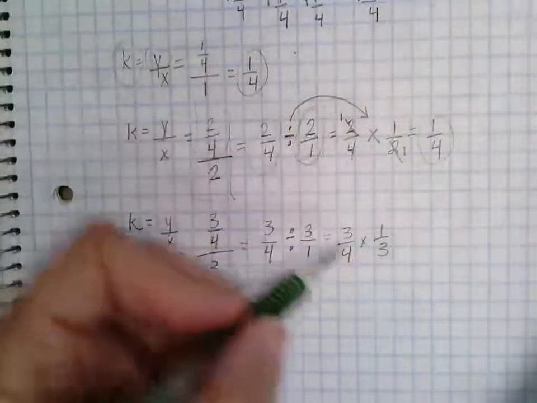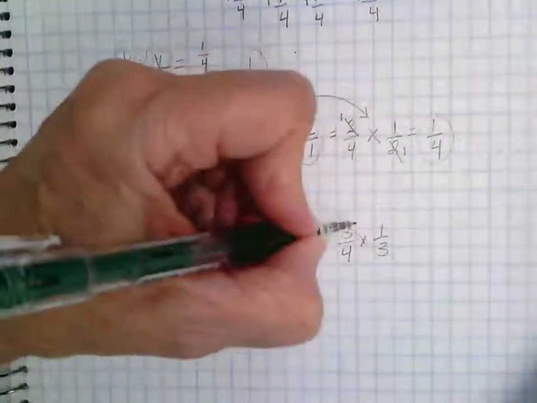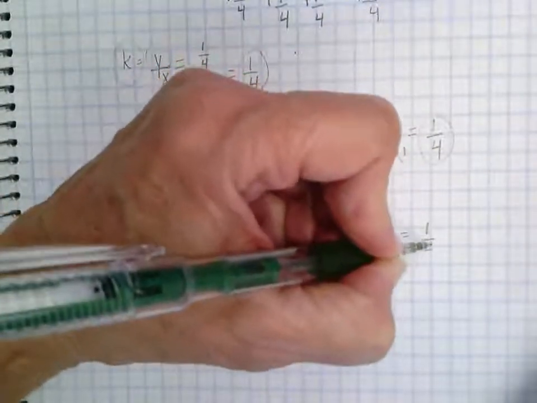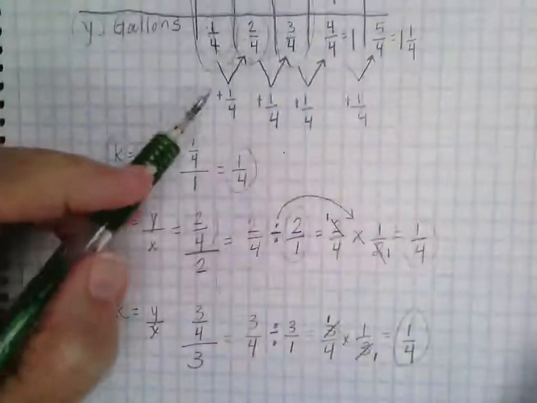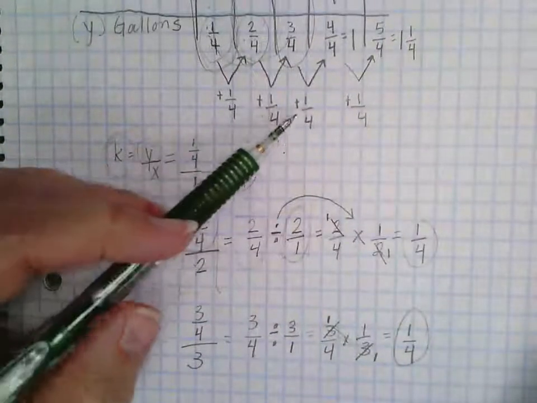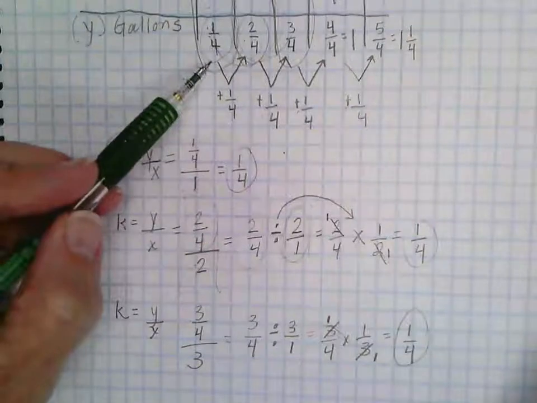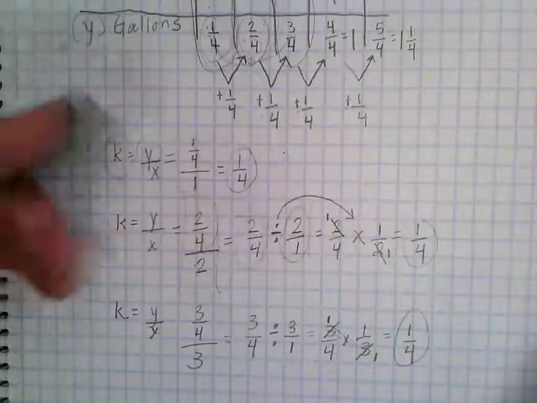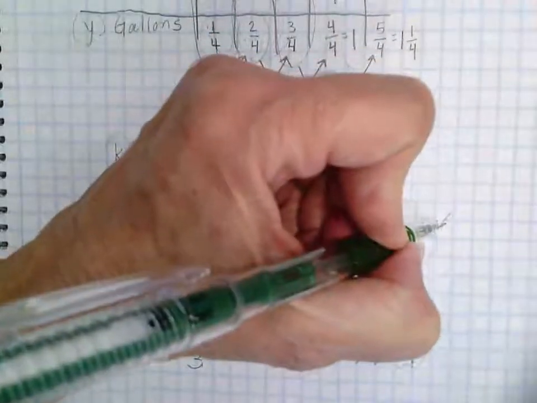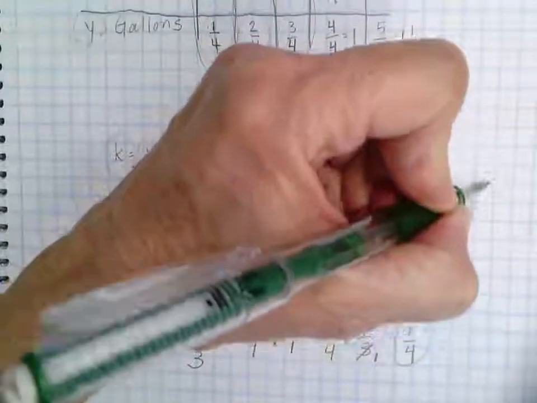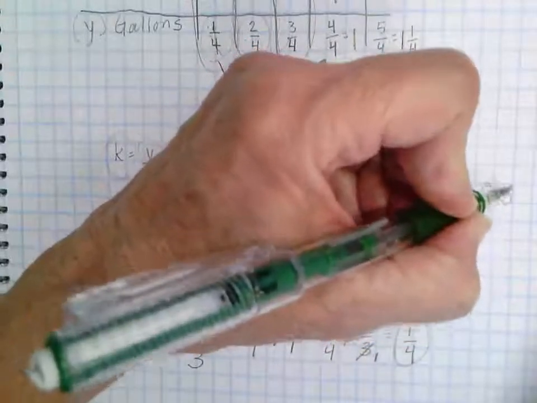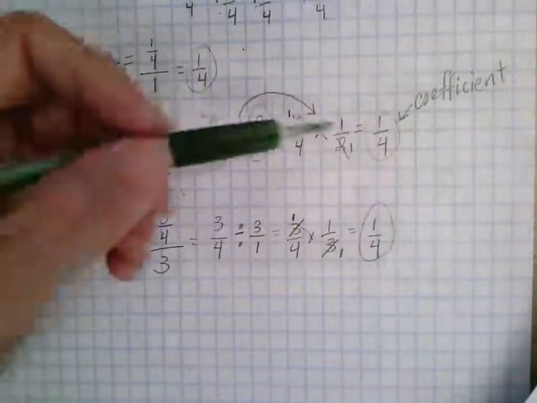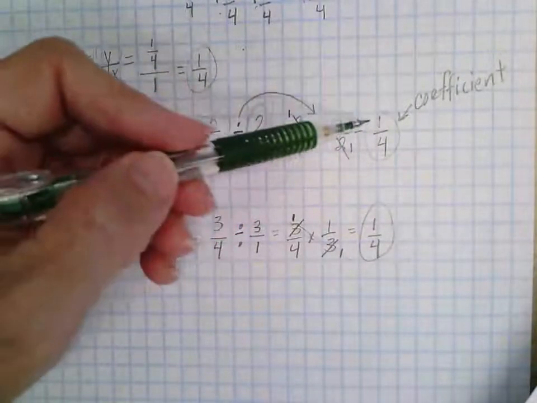And again I have numbers that will cancel out, and I get 1/4. You'll also notice that this is the number that I'm constantly adding as I move from each term to the next term. So my constant of proportionality is 1/4. This becomes my coefficient in my expression. 1/4 is the number that comes right before the variable.